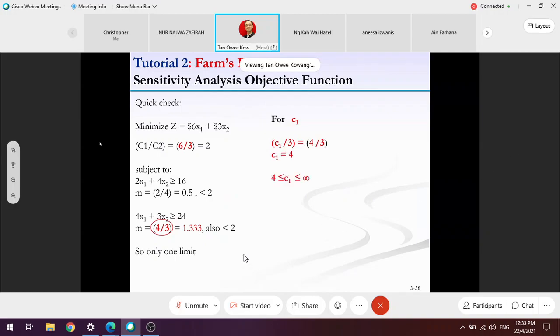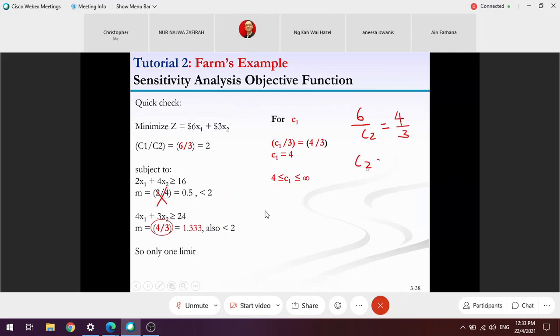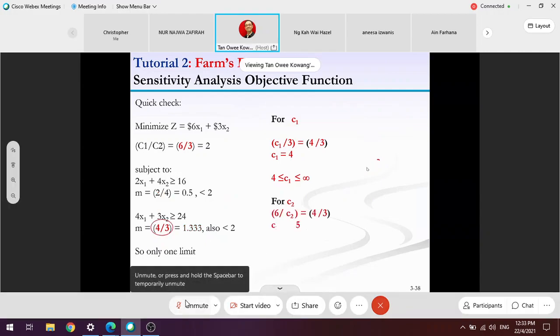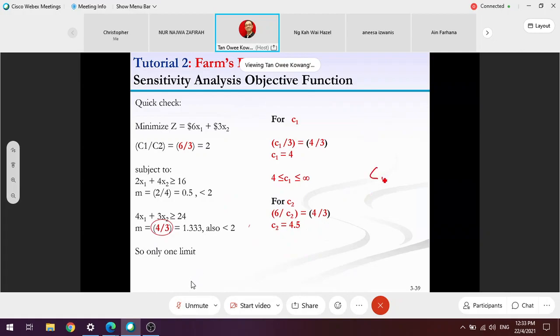For C2, if I want to calculate C2, I fix C1. Then if it is 6, then C2 equals, again, use this. If you calculate C2, you will get 4.5. Then we start trying to define C2. Where should I put 4.5, upper or lower?